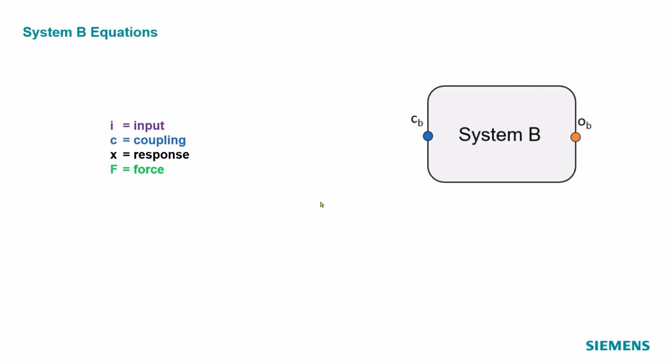We're going to do the same thing for System B. Here we are going to, again, have two forces. Here we are going to have two responses. So the response at the coupling location and the response at the output location. Okay, so we have two equations we're going to be building up here, much in the same way.